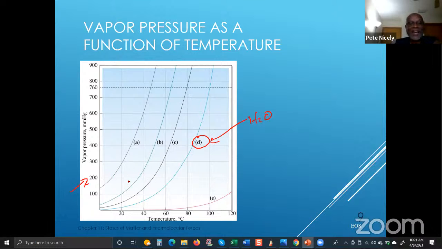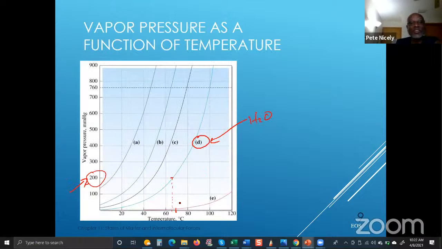If you want to find out the boiling point of water at that pressure, you look at where 200 cuts the curve, and then you drop a perpendicular line down here. By my estimation, I know 70 is in the middle here, so this looks like about 67 degrees. So the boiling point of water at 200 millimeters mercury would be about 67 degrees.